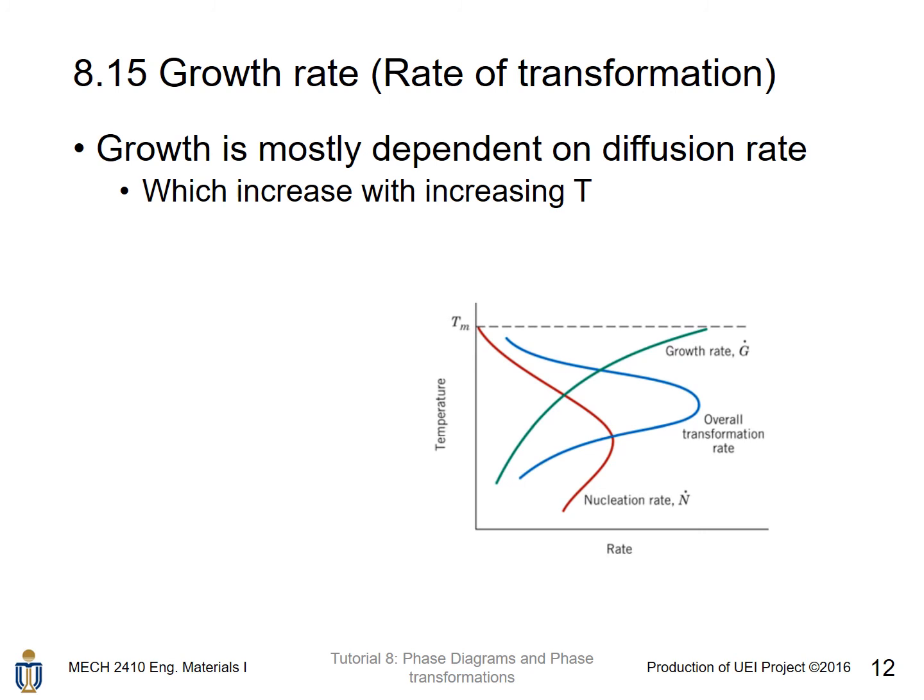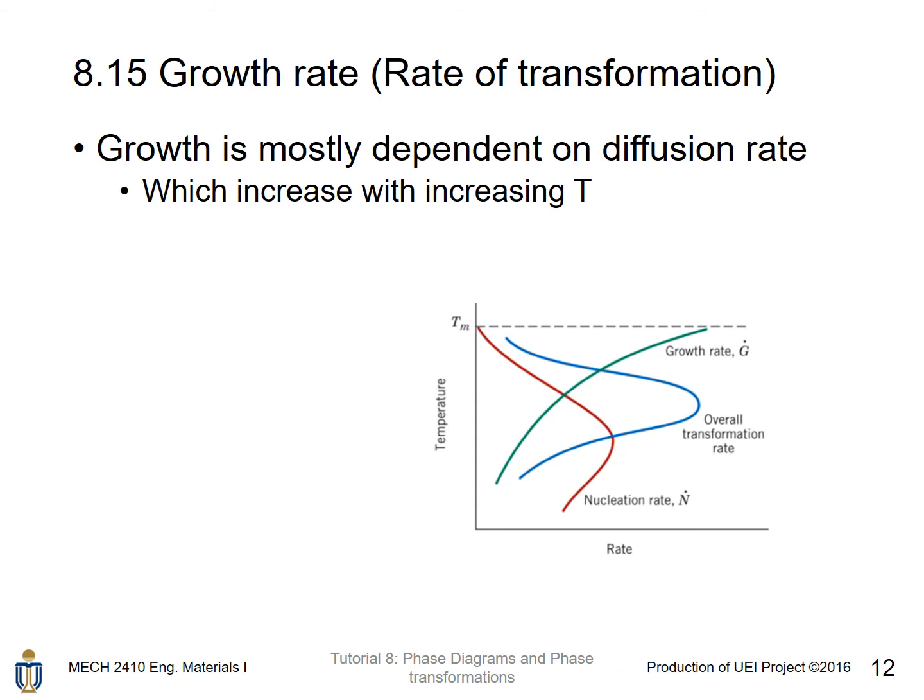Growth rate. After the formation of the nucleus, they will grow, and finally they will change to completely new grains. And the growth is mostly dependent on the diffusion rate, because the atoms need to diffuse to the nucleation site for the nucleus to grow larger and larger until it finally becomes a new grain.